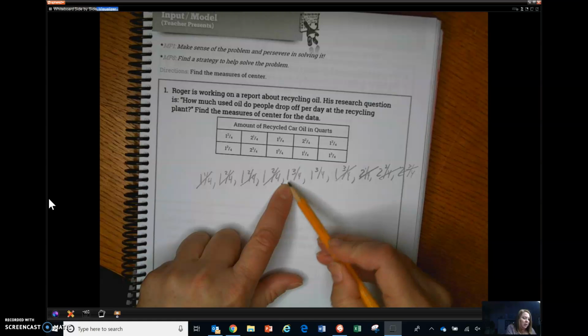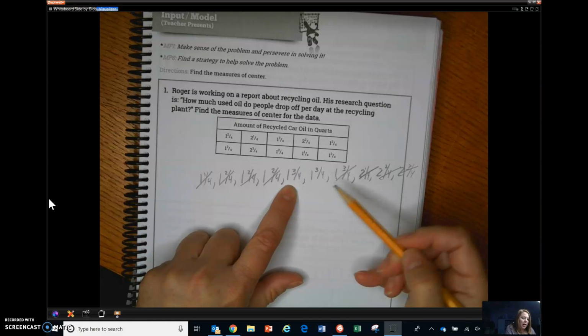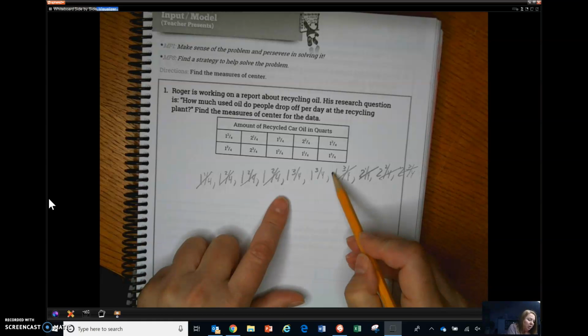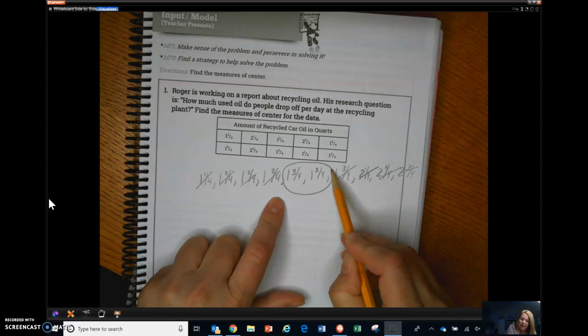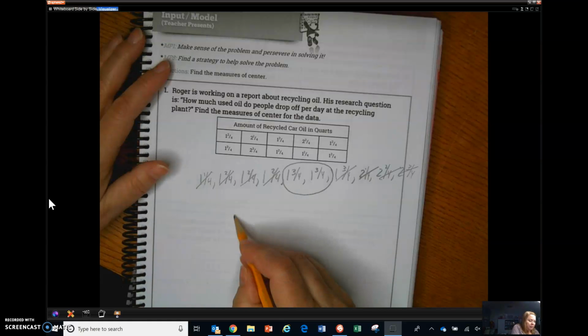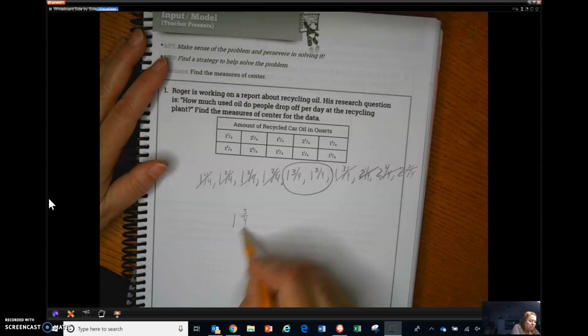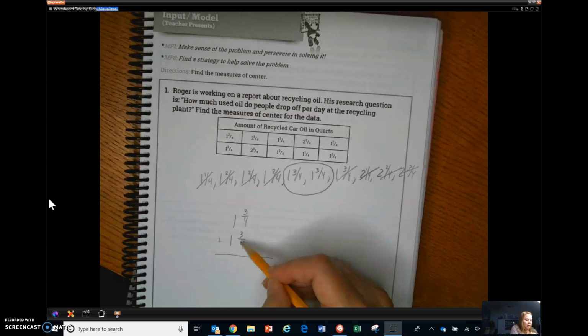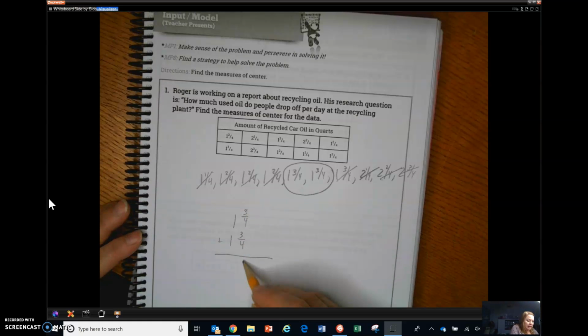Now, if I cross off the small number and the big number, I then have 0 numbers left. Because it's an even number, you're always going to have 2 numbers left, and all you have to do is add those 2 numbers together. 1 and 3/4 plus 1 and 3/4 equals, remember you add the numerators, so 3 plus 3 is 6.